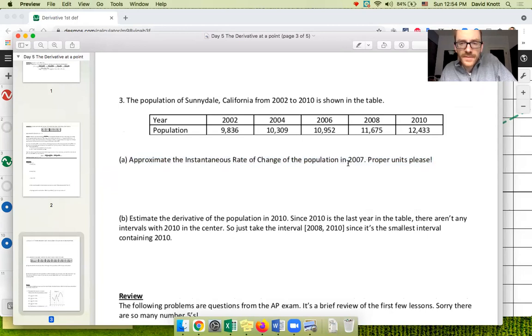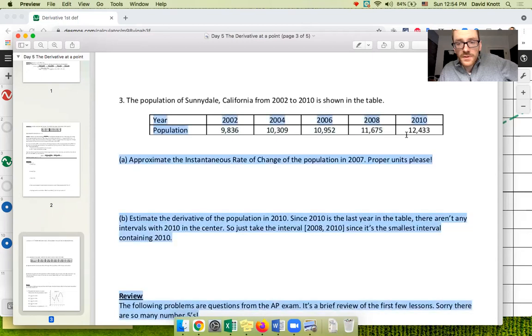So, remember, I mentioned this last time, the instantaneous rate of change, we have a formula for it, right? It's that limit formula that I just used in number 2, limit as x approaches c. But to use that formula, you need to know the formula for the function that we're talking about, right? You can imagine that the population is some function of time, right?